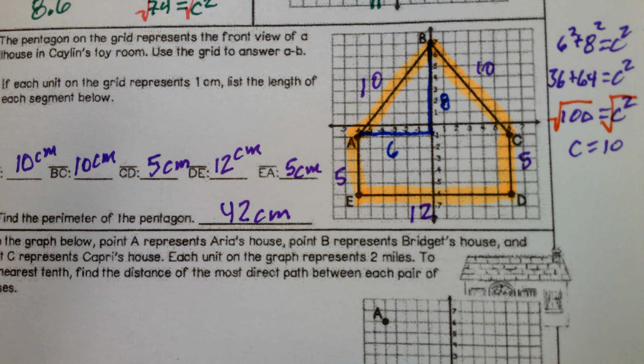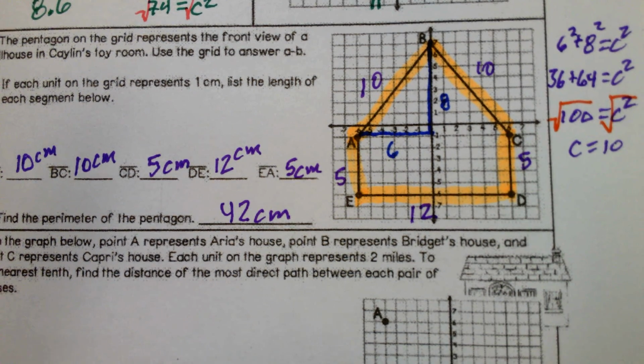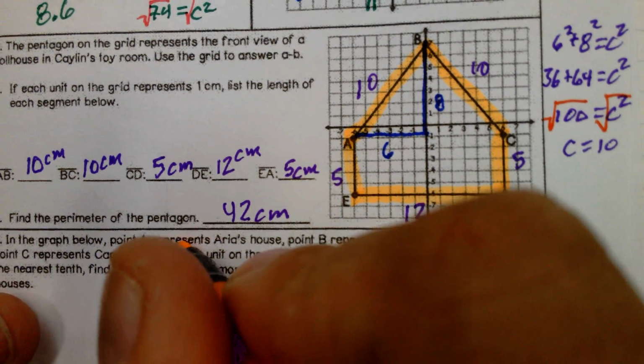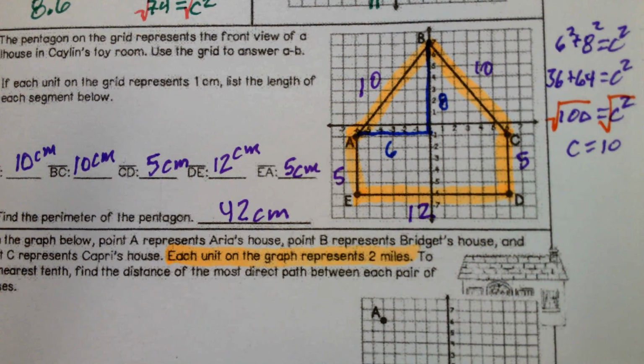In the graph below, point A represents Aria's house, point B represents Bridget's house, and point C represents Capri's house. Each unit on the graph represents 2 miles. Okay, I'm going to highlight that because that's a conversion factor. We're going to have to convert to miles with that conversion.